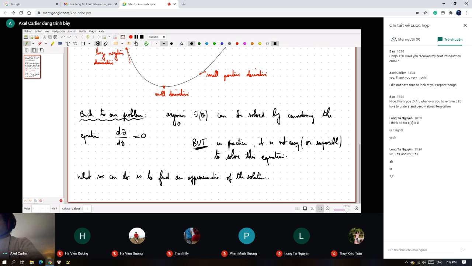And gradient descent is an algorithm that iteratively converges towards the solution.